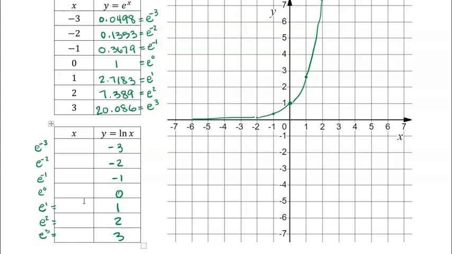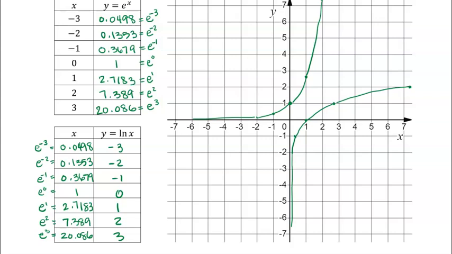So I'm going to do that now. All right, so I have copied these values down from the table above, just swapping the input and the output, and then I graph the natural log of x. So this is y equals ln of x, and this is y equals e to the x. There's my graph of ln of x.